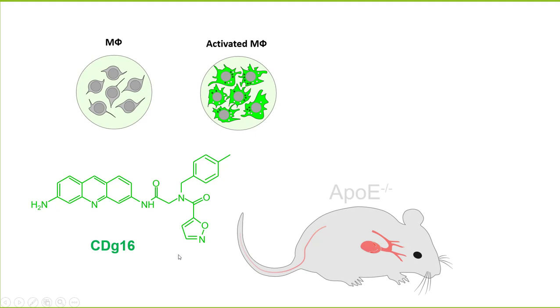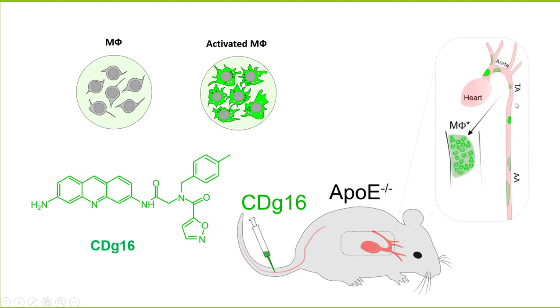Now this compound, if you make the atherosclerosis model with the genetic knockout and the high-fat diet, and inject this molecule through the tail vein, then we could demonstrate that this molecule goes in and stains the vulnerable site of the atherosclerosis. That is good. And then we got some indirect evidence that this molecule does not have a binding target. And we started a systematic search for the gating target.